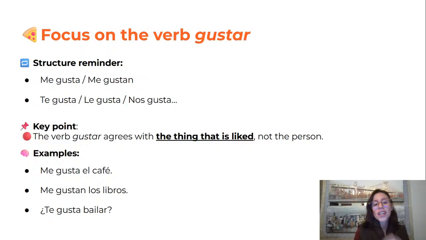So the conjugation by itself is not enough. We always add something else. So what is that? And this is the key point related to the verb gustar. The verb gustar agrees with the thing that is liked, not the person.